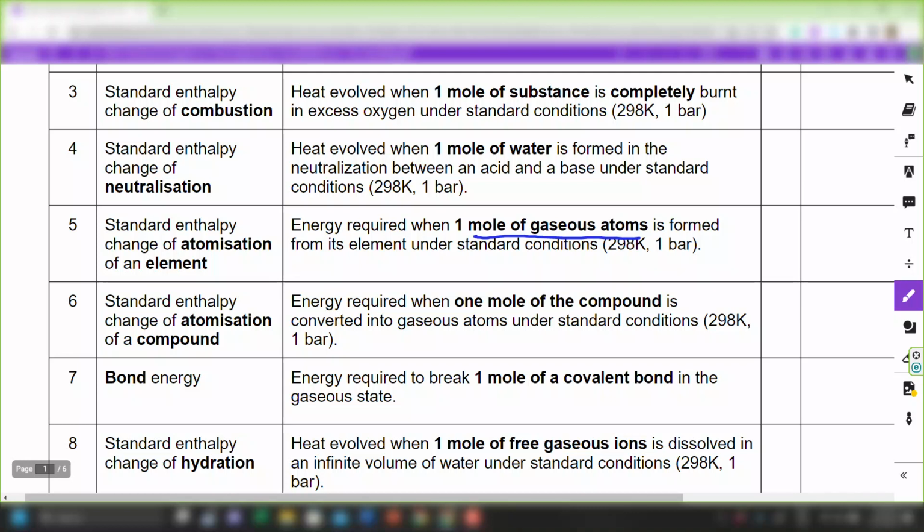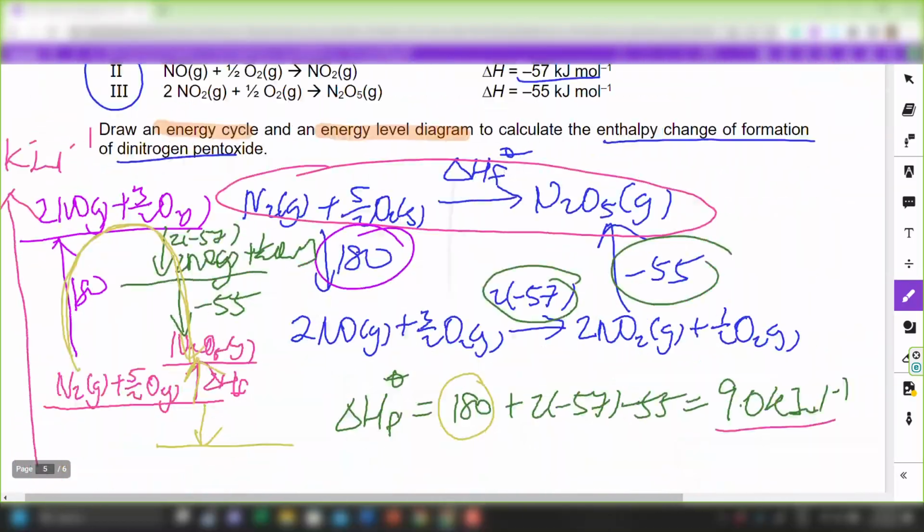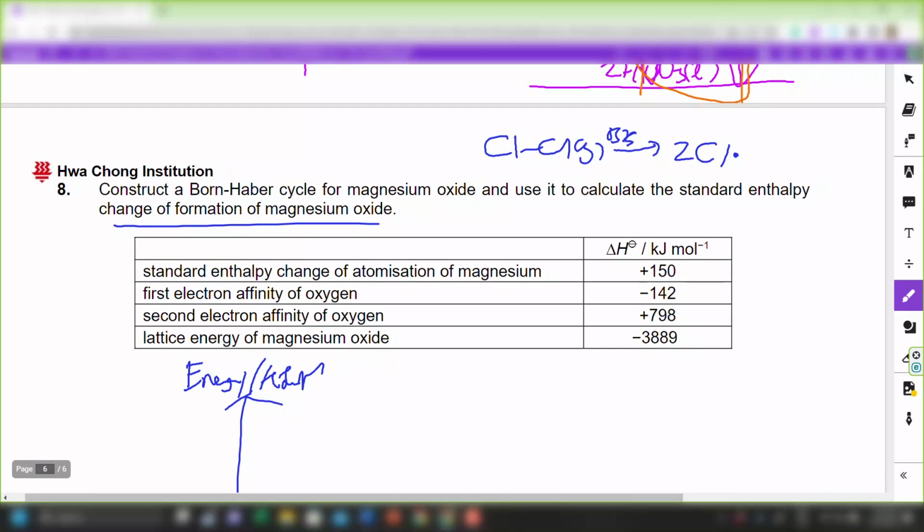So the definition is related to 1 mole of gaseous atoms produced from its elements. If I just input the bond energy value for chlorine, I'm producing 2 equivalents of chlorine atoms. So the enthalpy change of atomization of chlorine is simply its bond energy divided by 2, or multiplied by half.